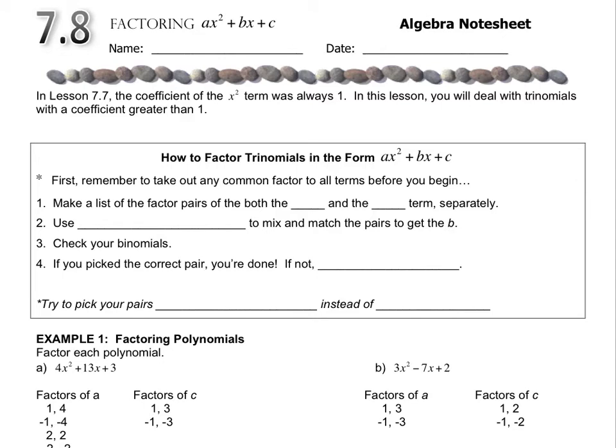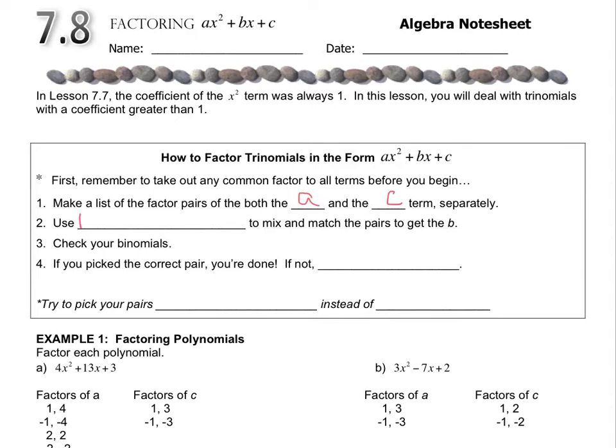This time, though, we're going to make them of both the a and the c separately. So remember in the last section when the a in front of our x squared was a 1, we didn't make a list of factor pairs because obviously the factor pairs of 1 are 1. We only did the c. But now that a is a different number, we have to take that into consideration.